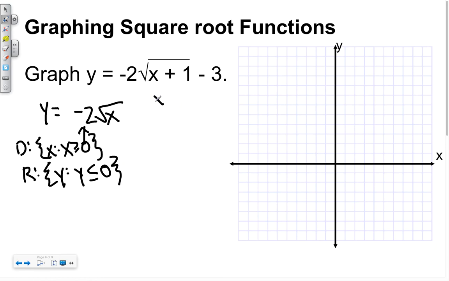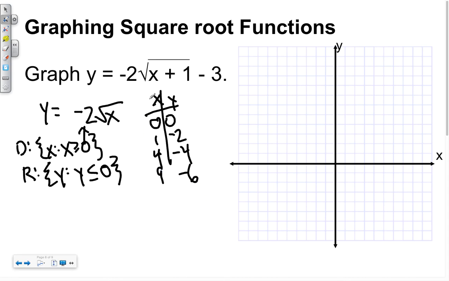And let's see what happens when I actually plug in values. So we're plugging in 0, 1, 4, 9, so on. So we go 0 times -2 is still 0. Square root of 1 is 1 times -2 is a -2. Square root of 4 is 2 times -2 is a -4. Square root of 9 is 3 times -2 is -6.